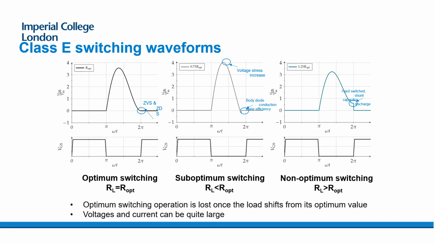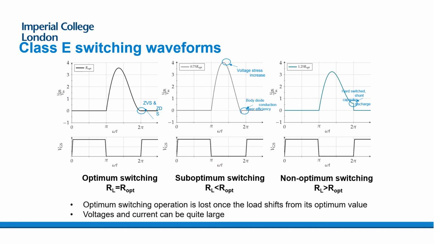So if you look at these plots here, on the left, we have a system where you can see at the bottom of the plot, the gate is switching on and off, and when the gate switches off, the voltage on the drain of the transistor starts to increase from 0 with a controlled gradient. Therefore, we have zero voltage switching when we turn the device off.